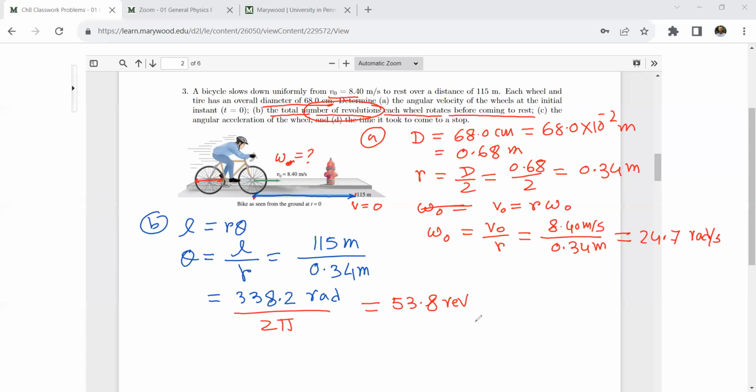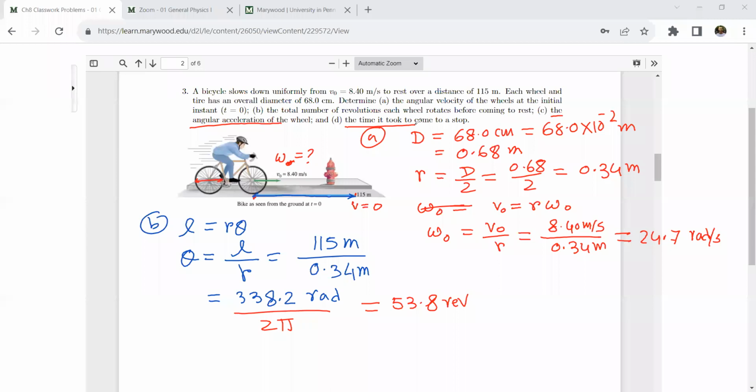All right, the third problem asks us to calculate the angular acceleration of the wheel, and then the time. There are many ways to calculate the angular acceleration.